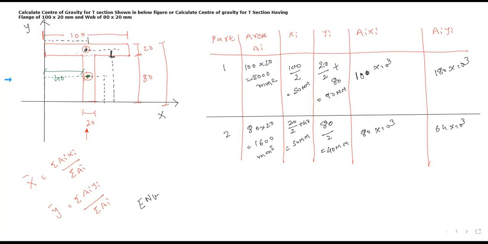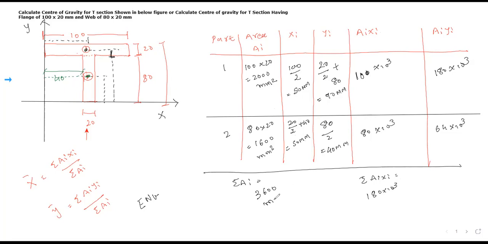So now we have already calculated all the things. First of all, we are summing up. Summation AI is nothing but the sum of all the areas, 2000 plus 1600, you will get 3600. Calculate this value, 100 plus 80 is 180, so you will get here summation AIXI, that is nothing but 180 into 10⁻³.